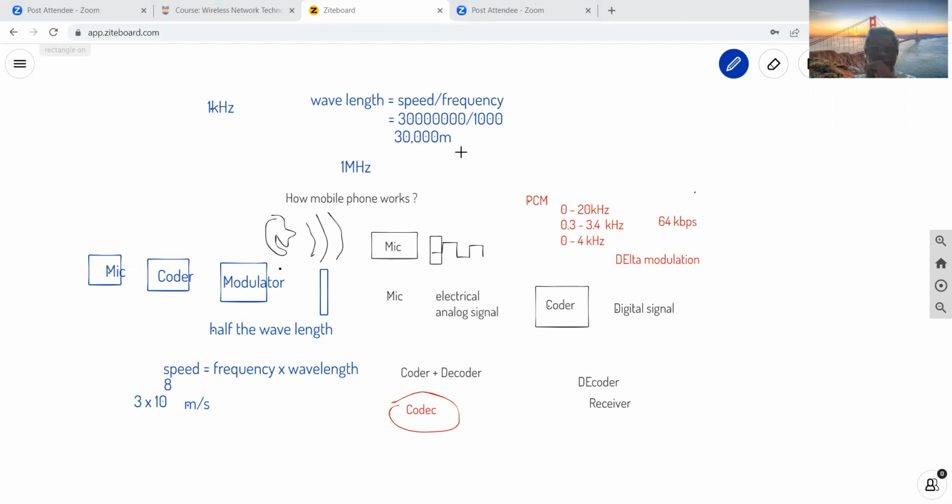So then you calculate if it is 1 gigahertz, that is 1 into 10 to the power 9 hertz. What should be the antenna length?